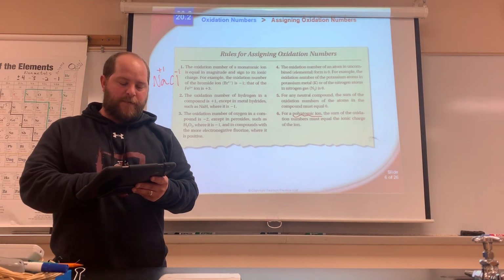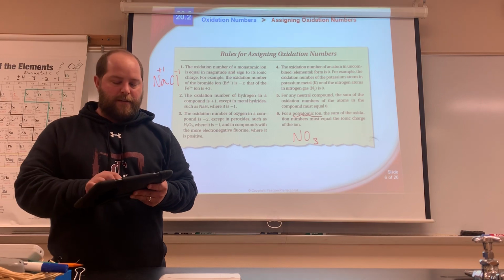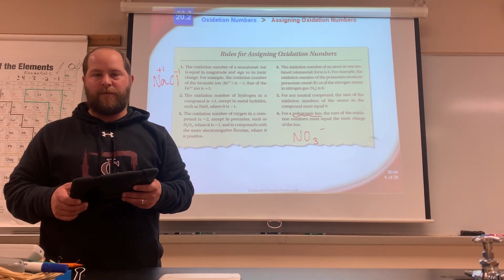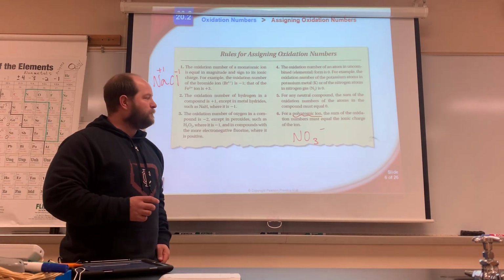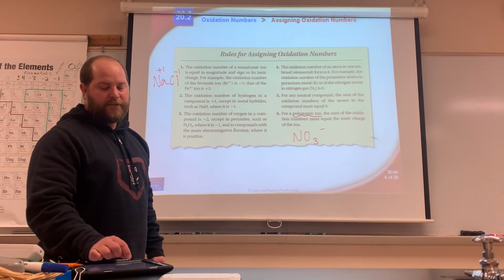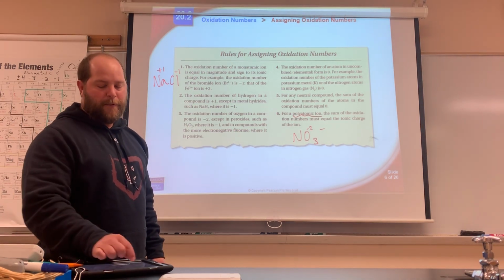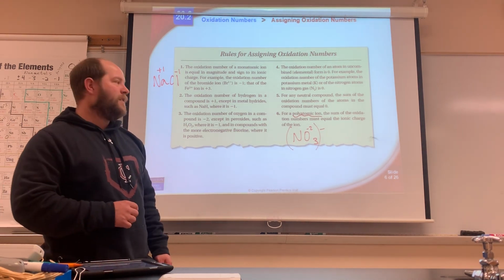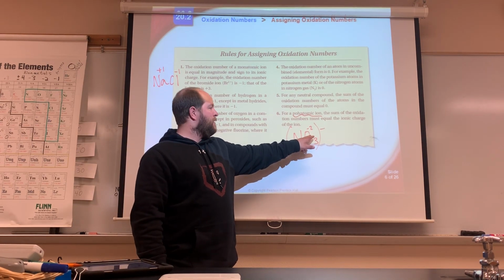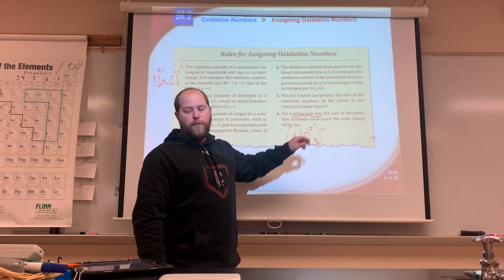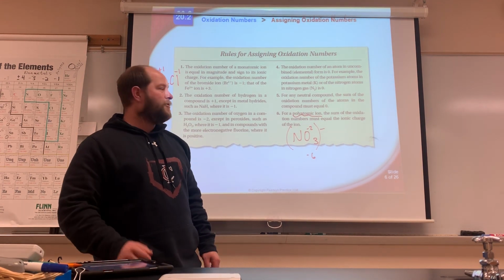So for instance, if we have NO3, which is nitrate, it has a -1 charge. Let's apply this rule. Oxygen is going to have a -2 charge. I'm going to put this in parentheses, it'll be easier to see. So if you have -2 for an oxidation number here and you have 3 of them, then overall you have -6 from the oxygen.